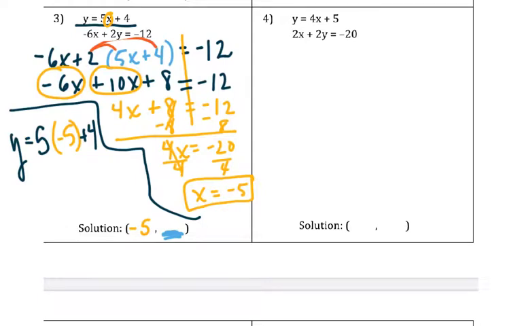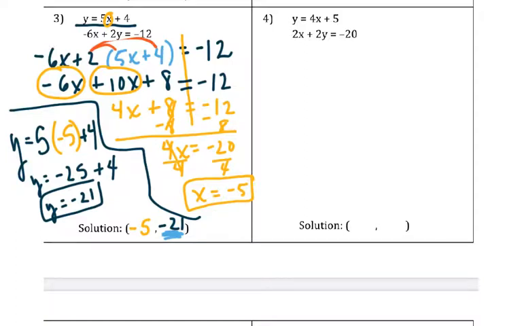So now I can solve. y is 5 times negative 5, which is negative 25, plus 4. So that means that y equals negative 21. So in the spot for y, I'm going to write negative 21.